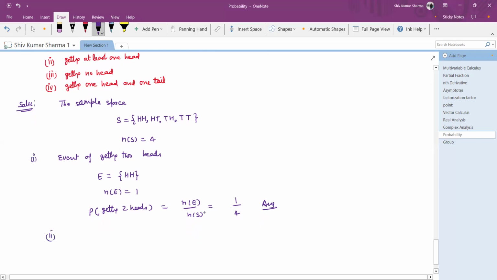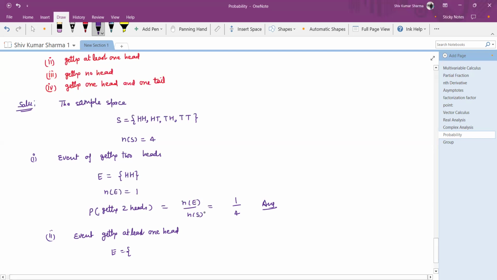See the first part. So the event of getting at least one head means minimum we have one head and more is possible.